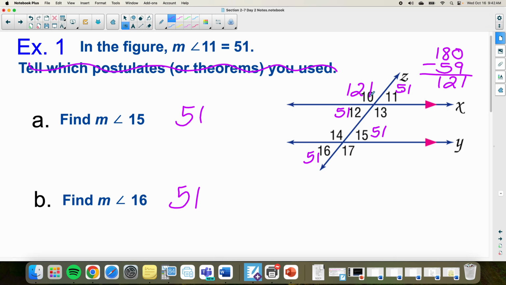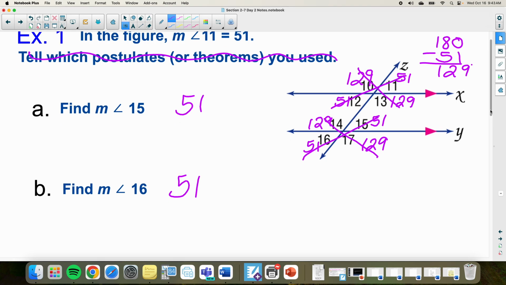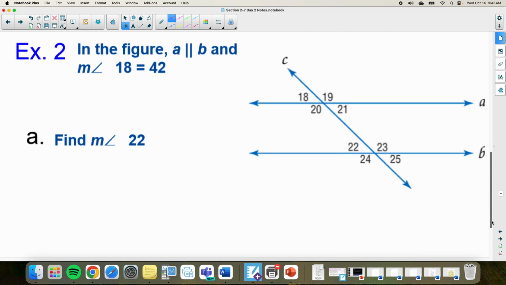Oh, you're right. Thank you. Okay, so this was 51, so this would be 129. Okay, now if this is 129, that makes this 129, and then this one 129, and this one 129. So it's like these 2 vertical and these 2 vertical are gonna be the same, and then these 2 vertical and those 2 vertical are the same. Does that make sense?